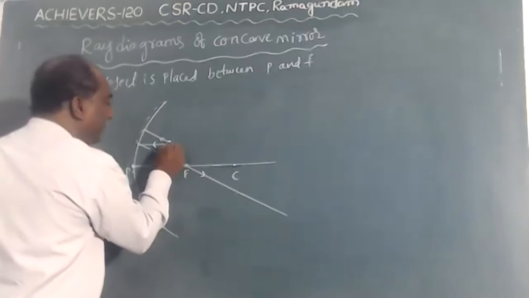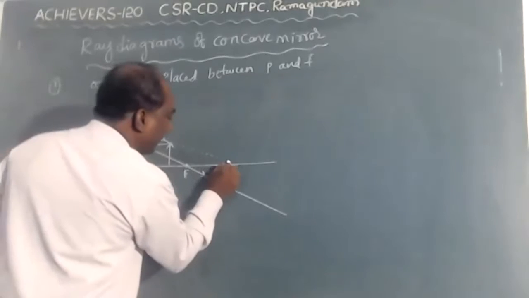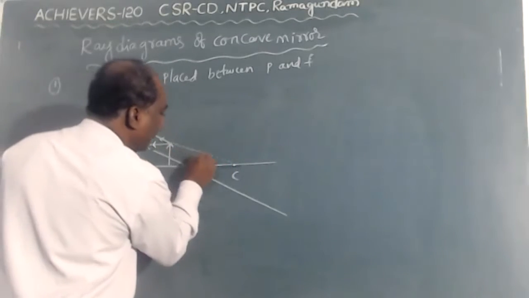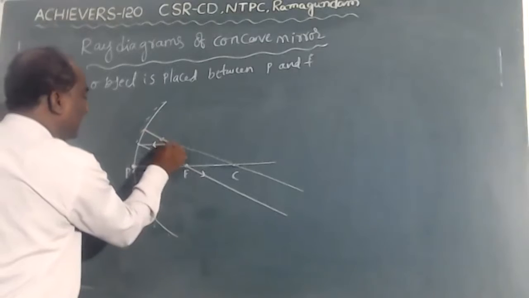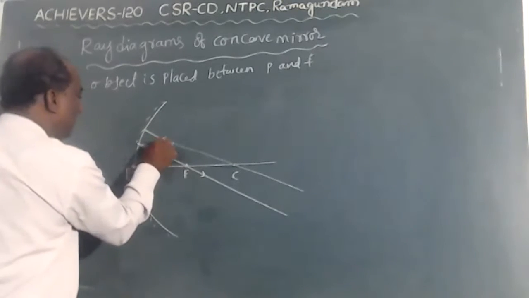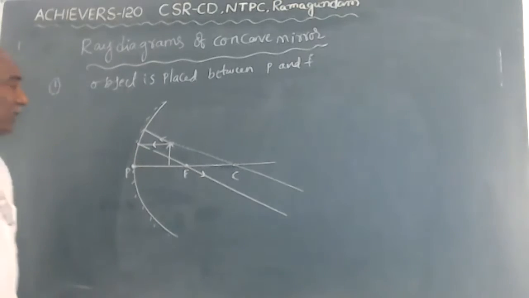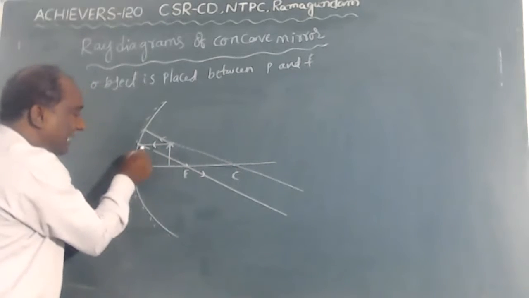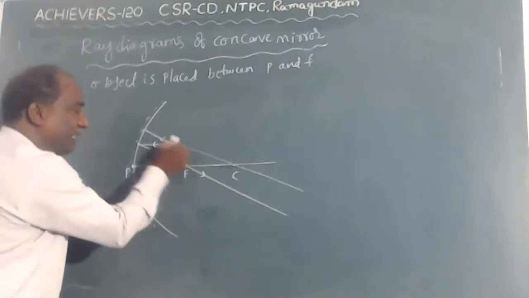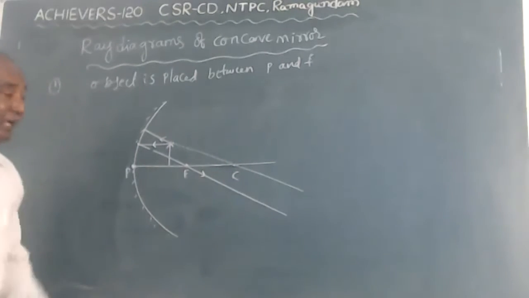It is R3. And now the two reflected rays: the incident and reflected rays are not intersecting. There is no formation of a real image here.